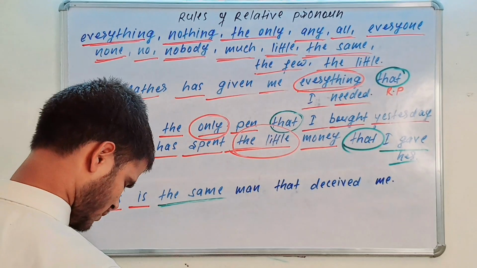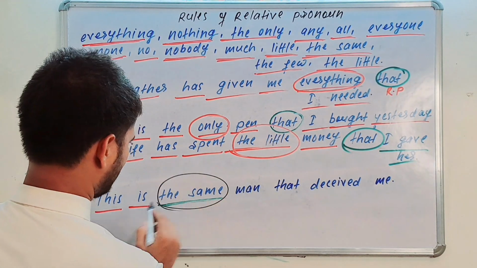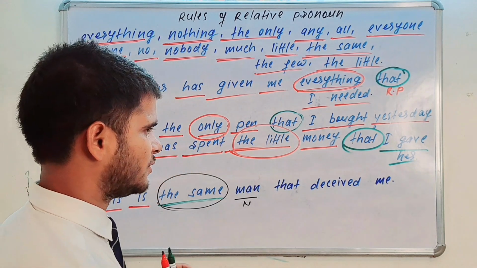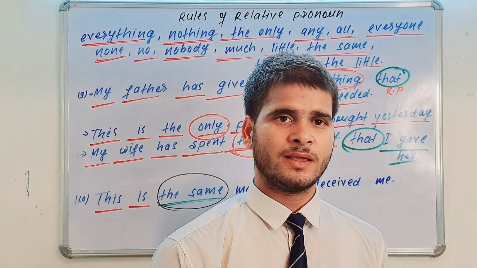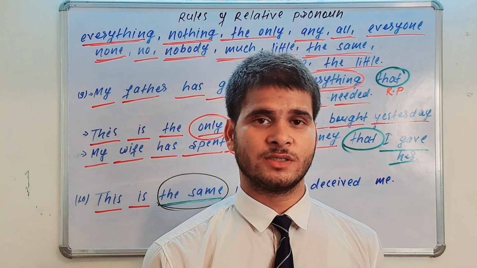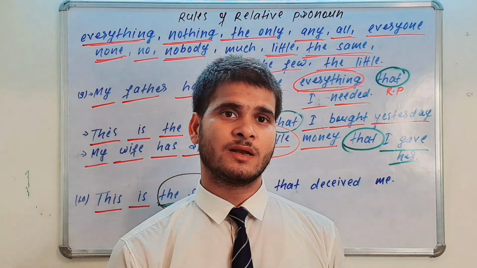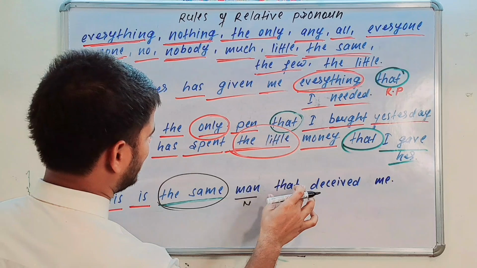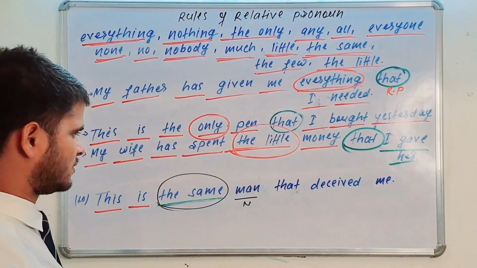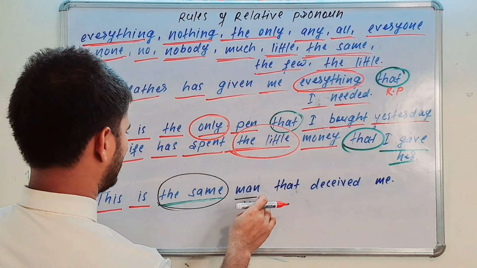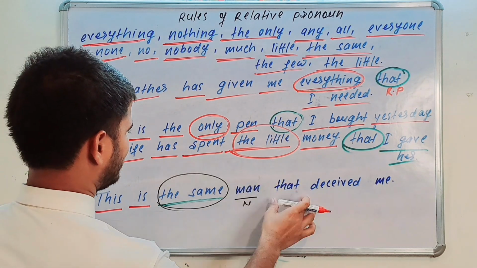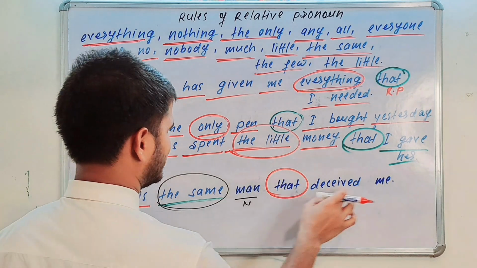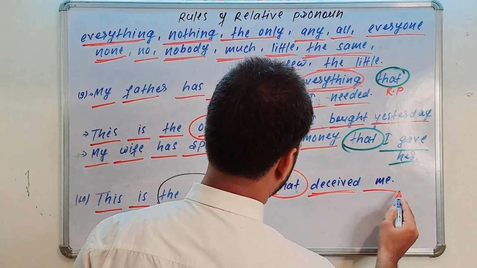If the verb is clearly mentioned in a sentence, then after the same plus noun, only the relative pronoun that is used. This is the same man that deceived me. The verb is clearly mentioned.